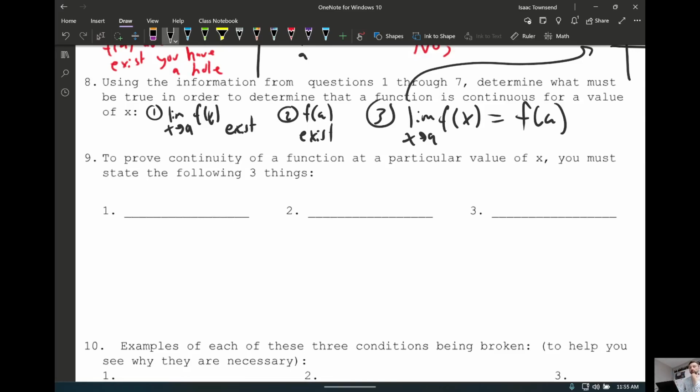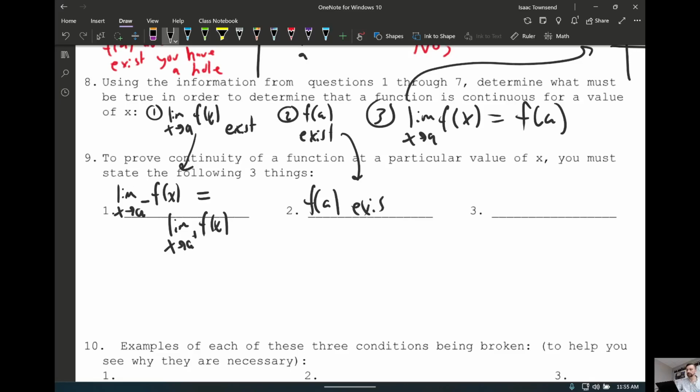So the more formal way to say this, instead of just saying the limit exists, is that we need to see that the limit from the left is the same as the limit from the right. Otherwise, your graph is jumping around. We need the point to exist. Otherwise, there's a hole there.